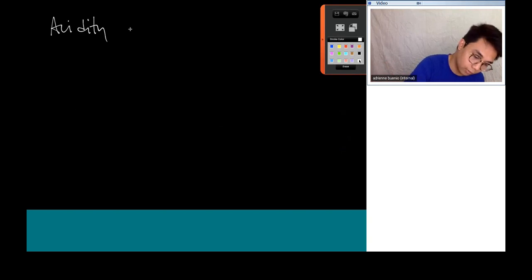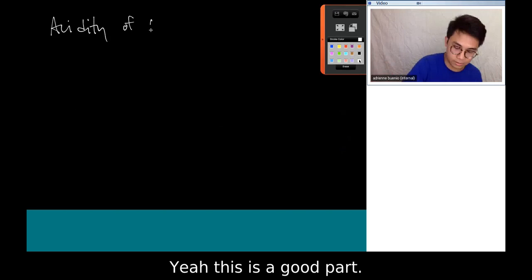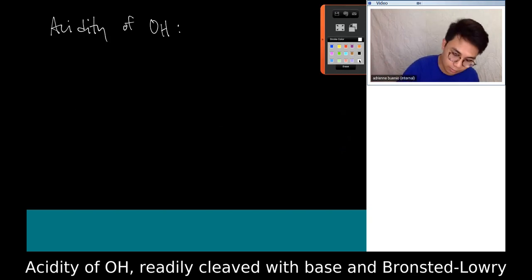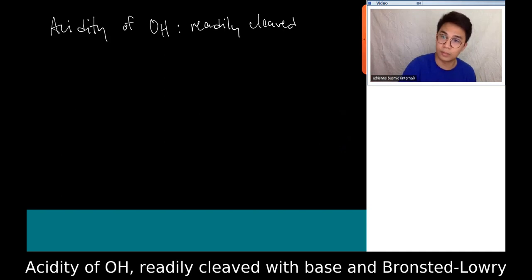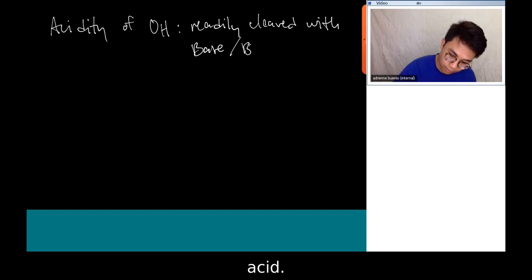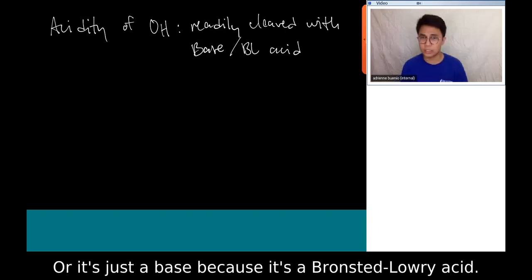Acidity of OH. Yeah, I guess it's a good part because we know what makes it acidic, right? Acidity of OH: readily cleaved with base, and Brønsted-Lowry acid, or I should say base, because it's a Brønsted-Lowry acid.